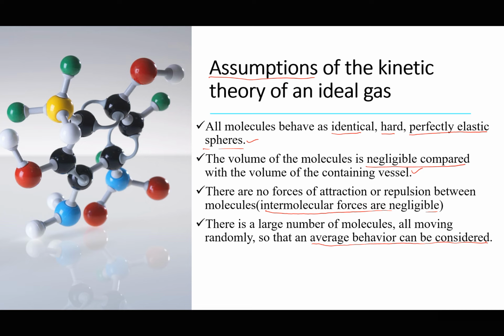We can't find the temperature or the mass of a single molecule. We can't find the speed of a single molecule. We cannot easily find the kinetic energy of a single molecule. All we shall be looking at is the average behavior of all the molecules. Therefore, whenever we have an ideal gas, we always assume that we have a large number of molecules, and an average behavior will always be considered.